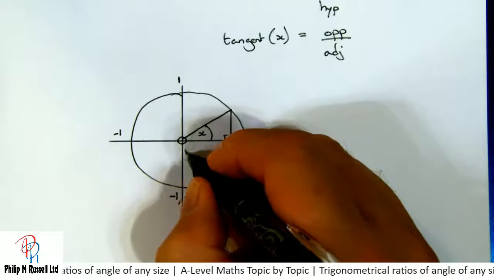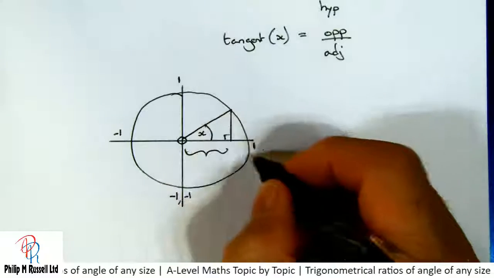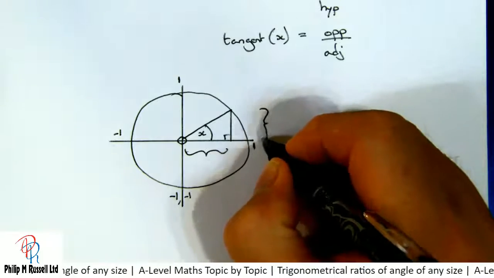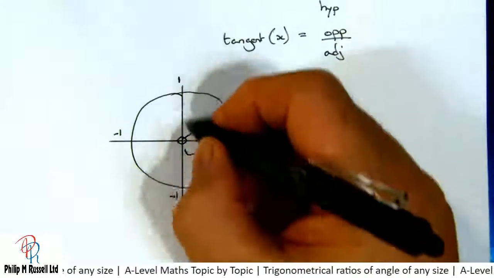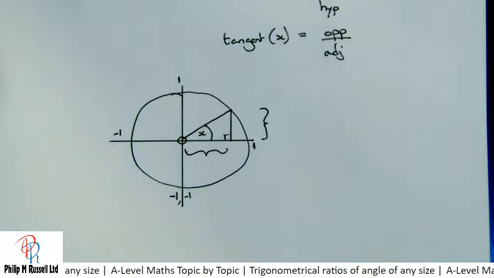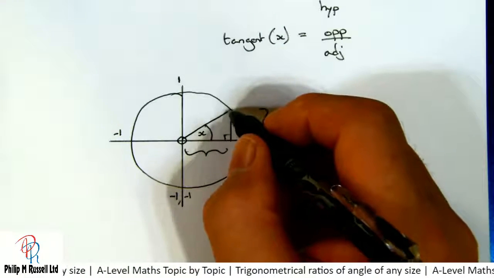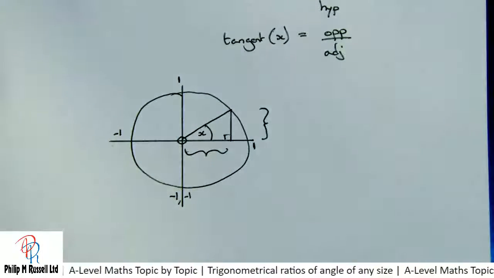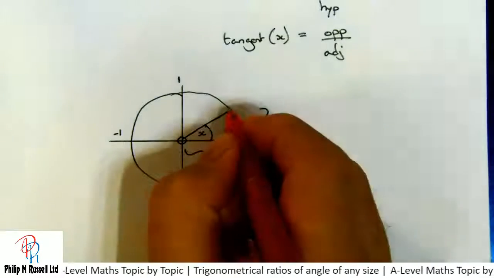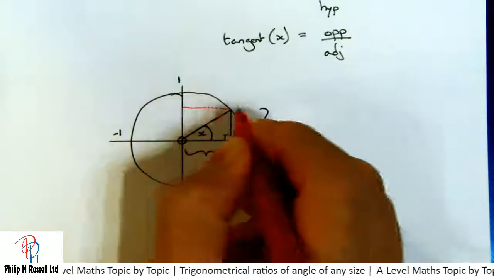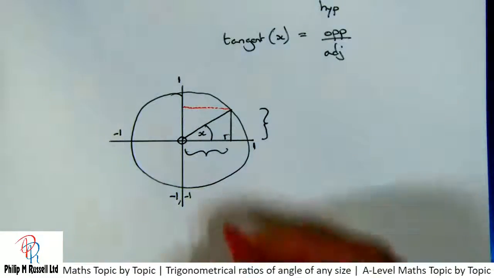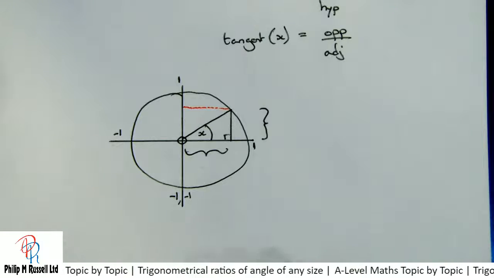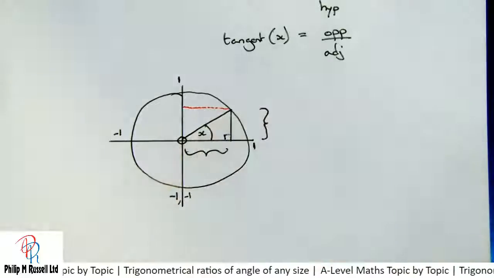We've got this distance here, which we know is going to be less than 1, and we've got this distance here, which we know is going to be less than 1. And we could just read this off along there, which is what you do when you're trying to work out one of these things. Right, so all the angles here are positive.